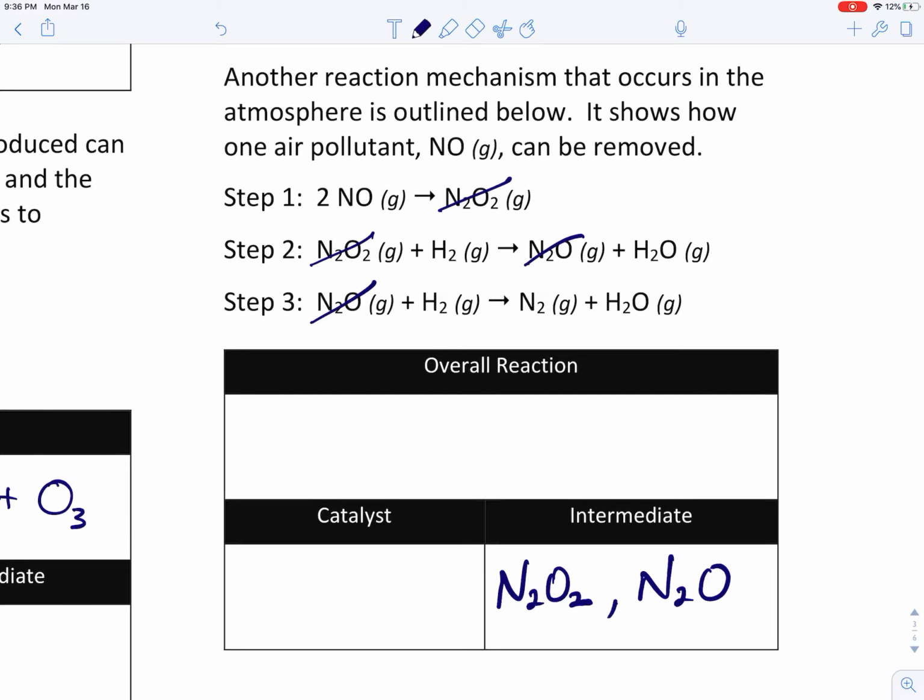Are there any catalysts? Is there anything that begins as a reactant and then ends up as a product? I don't see that, so there's no catalyst in this mechanism. So the overall process, whatever's left, is two NOs react with two hydrogens, producing N2 and two water molecules. There's our overall reaction.